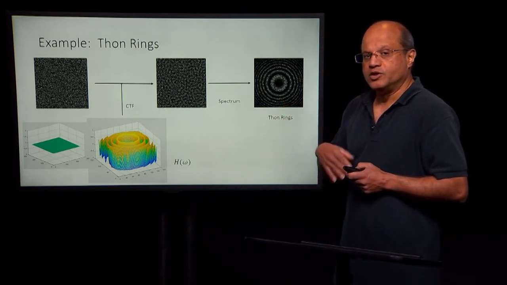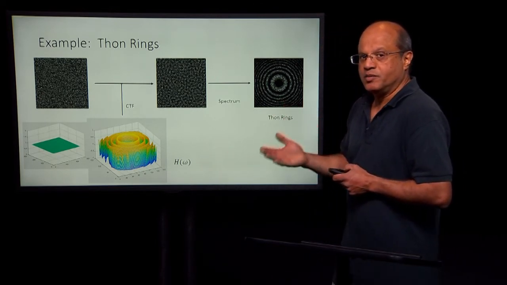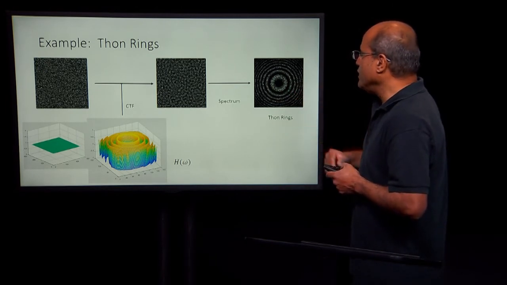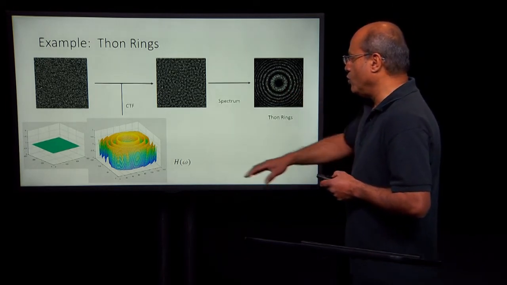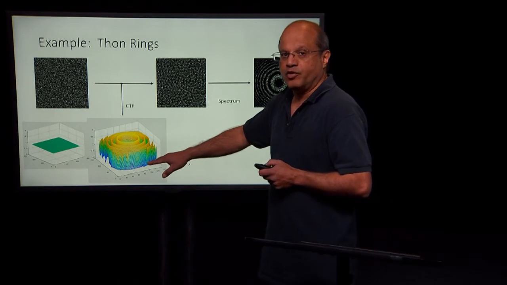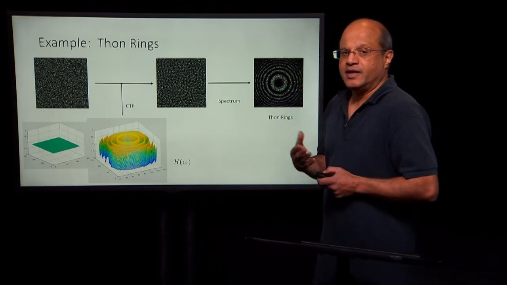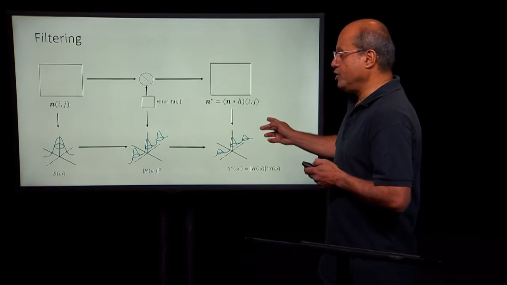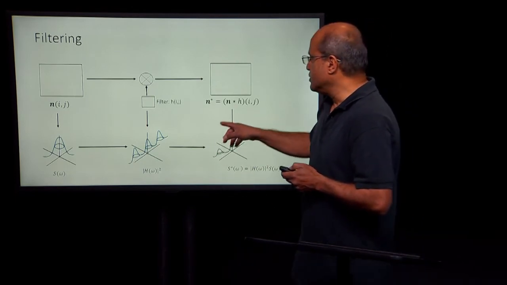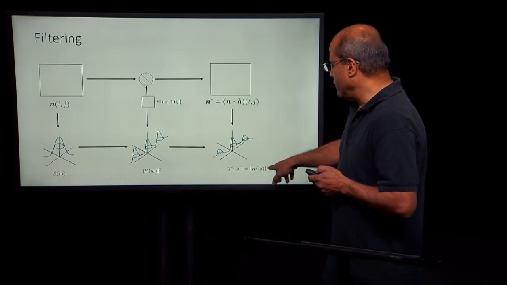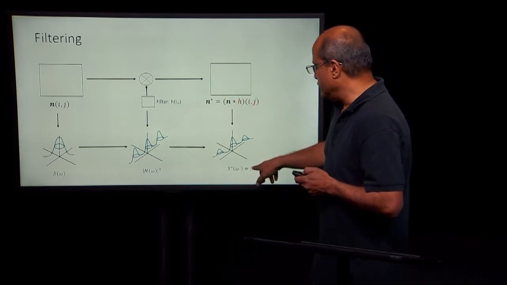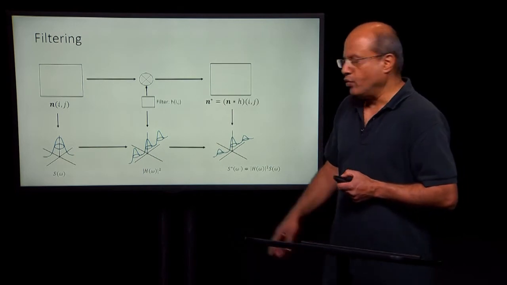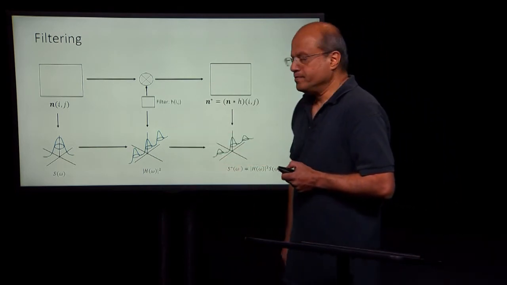So all minus 1s appear as plus 1s, and you get 6 peaks. Thon rings tell you something about what the contrast transfer function of your microscope is. It's a direct consequence of this property of stationary noise: the spectrum of filtered noise is just the spectrum of the original noise multiplied by the magnitude squared of the filter.